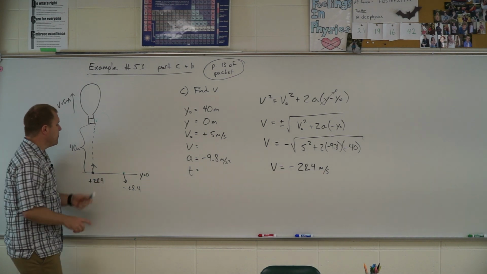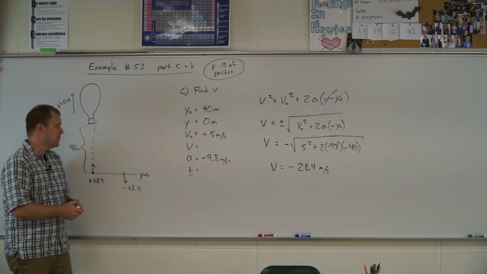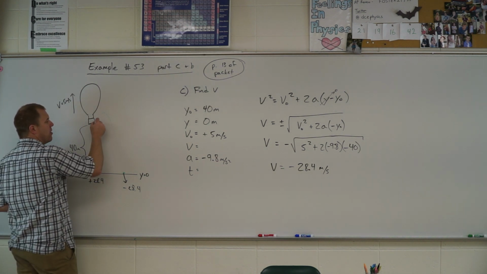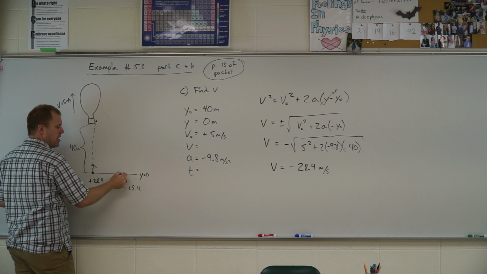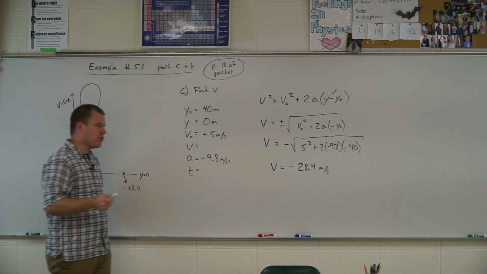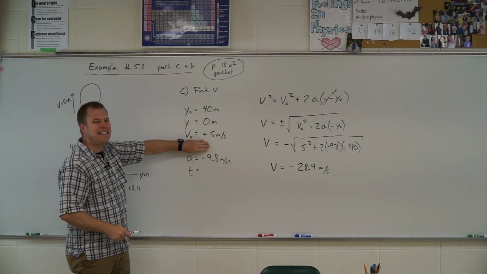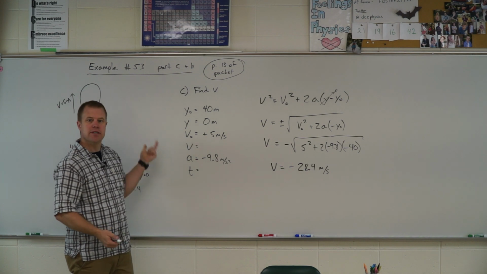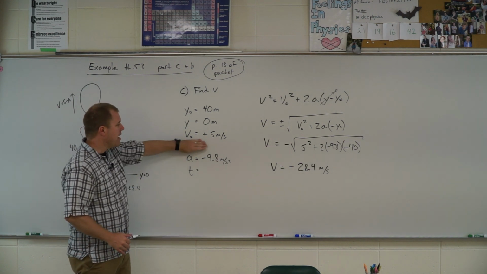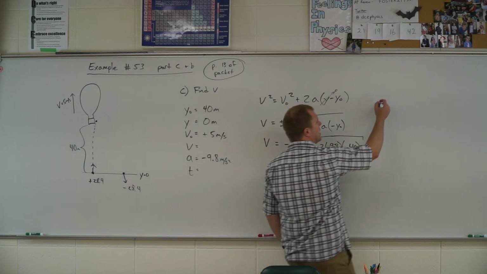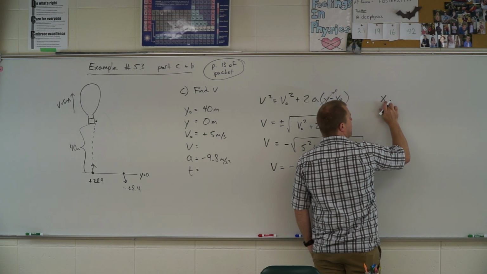So when we go to find the time, the time it takes to go from here to here, it's going to have us set up a quadratic. We're going to imagine we didn't solve part C before we solve part B. So let's write out that quadratic quick. We're in the y direction.